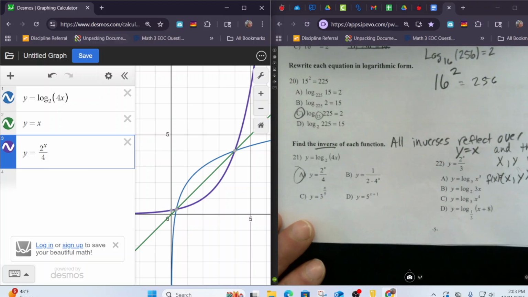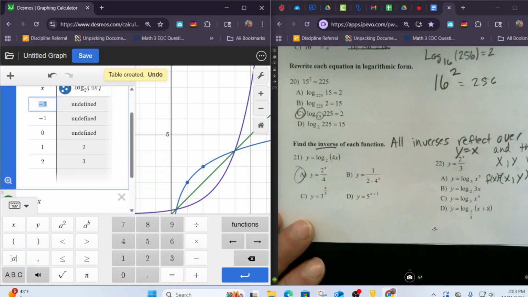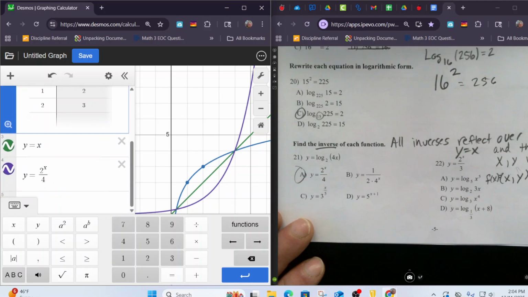Now, if you want to double check, get a coordinate. For my original, I chose 1, 2. If I go down to my inverse, what should my coordinates look like? If it's 1, 2, it should flip: 2, 1. So go right here.